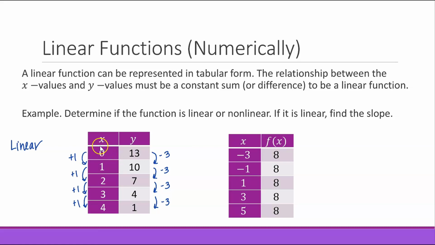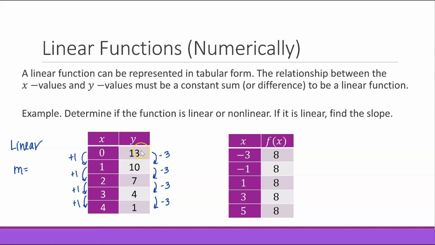And then the second part is, well, if it's linear, then let's go ahead and find the slope. Well, the slope, m, is going to be the change in y values. So remember, we need two coordinate points, (x1, y1) and (x2, y2). And remember what we do, we subtract the y values in the numerator and then subtract the x values in the denominator.